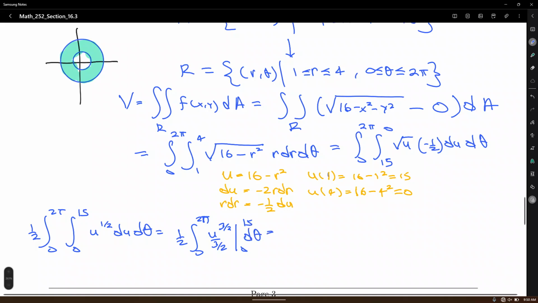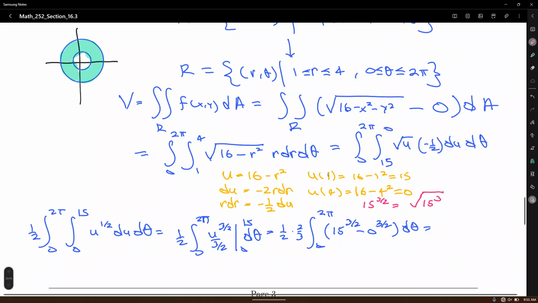Now, what is this going to be? That's 1/2 times 2/3, integral from 0 to 2 pi of 15 to the 3/2 minus 0 to the 3/2 d theta. Let me do some side work. 15 to the 3/2 is the same as the square root of 15 cubed.